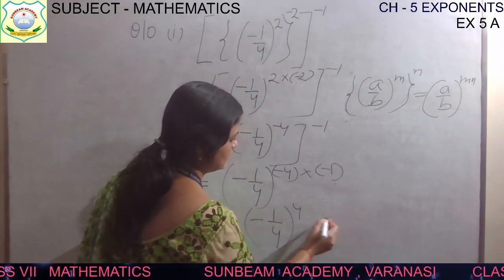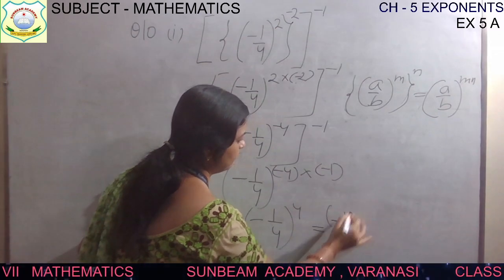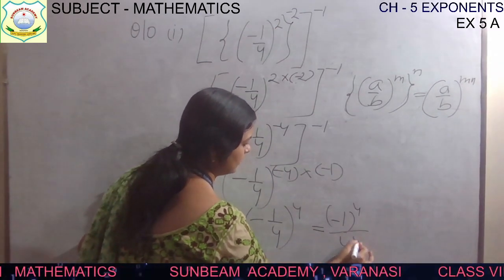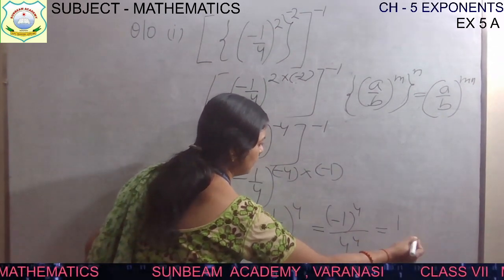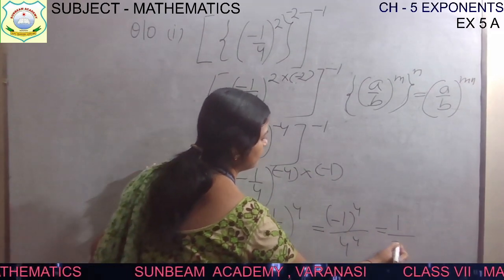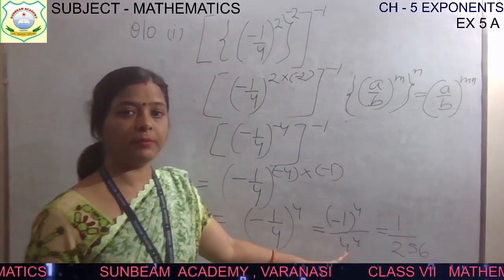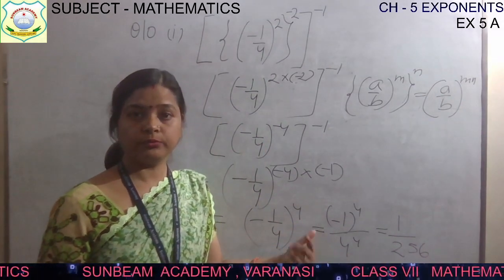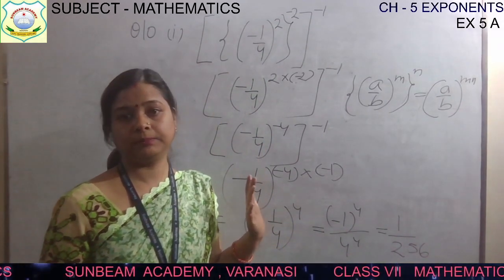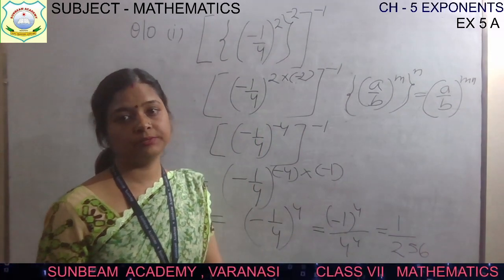So its answer is minus 1 to the power 4 and 4 to the power 4. Minus 1 to the power 4 is 1 and 4 to the power 4 is 256. Earlier also we have done. 4 to the power 4 is 4 into 4 into 4 into 4. 4 times you will multiply. So the answer is 256.